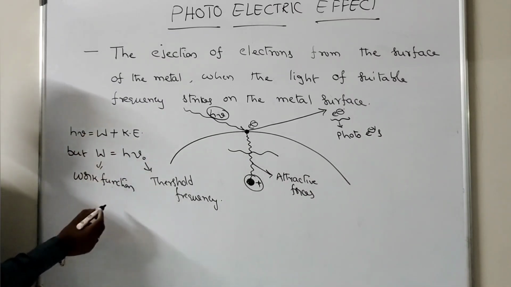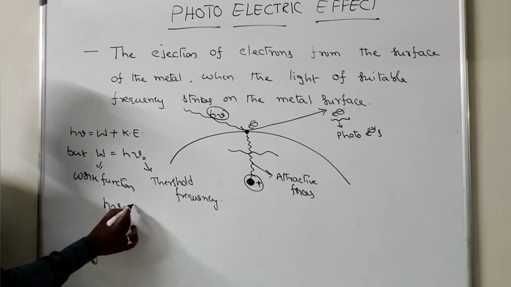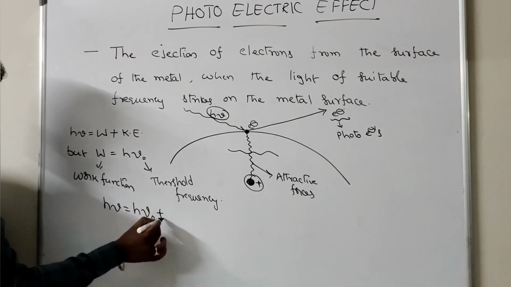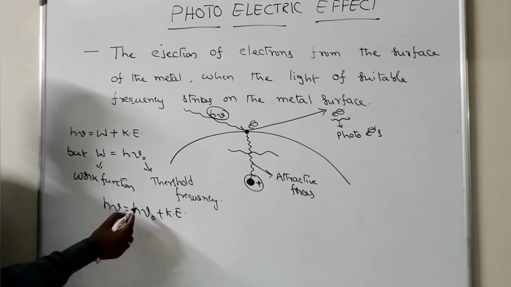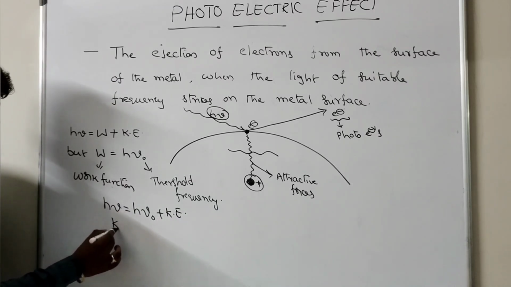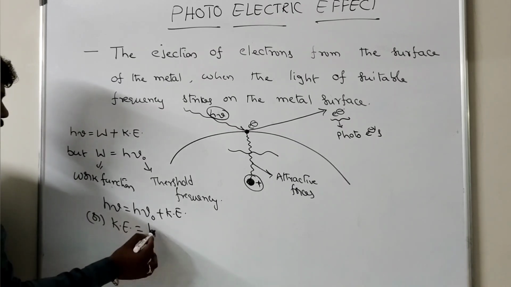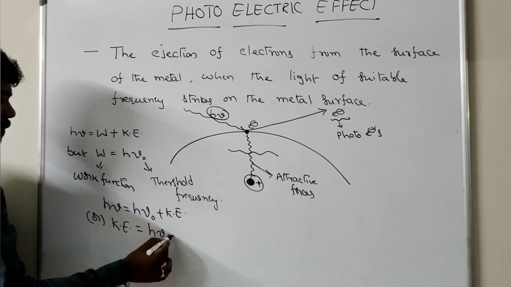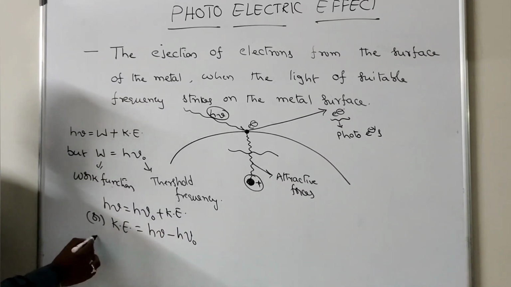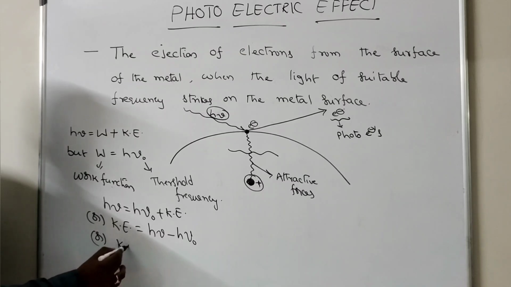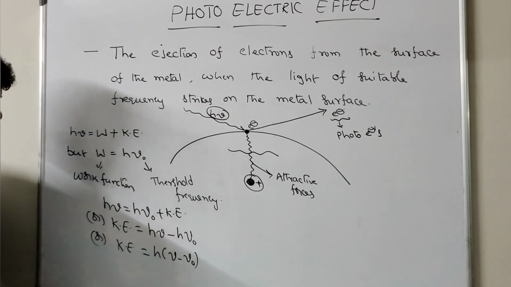Substitute W is equal to h nu naught in this expression. We get h nu is equal to h nu naught plus kinetic energy K, or kinetic energy is equal to h nu minus h nu naught. It can be written as kinetic energy is equal to h into nu minus nu naught.